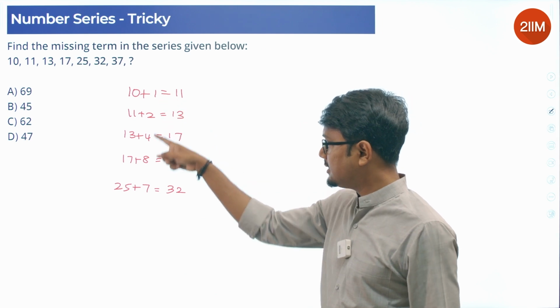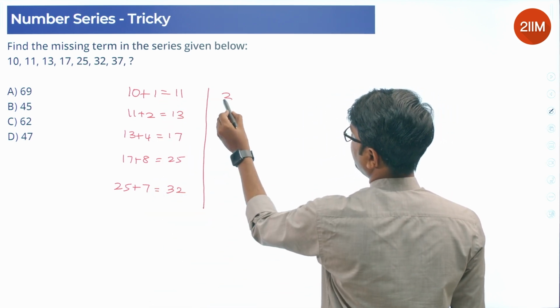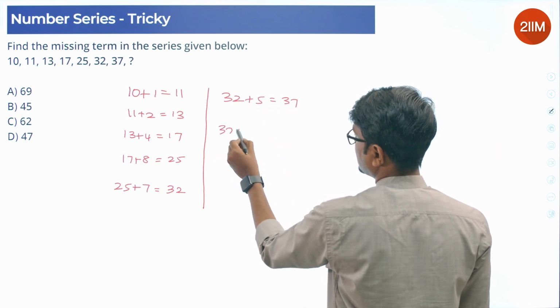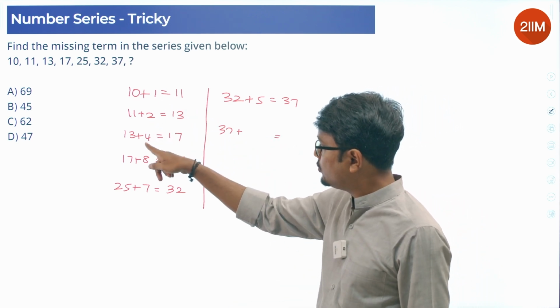Okay, it is getting increased, suddenly it is getting decreased. We'll check it out. 32 plus 5, 37. 37 plus something should give you a number. Okay, 1, 2, 4, 8.